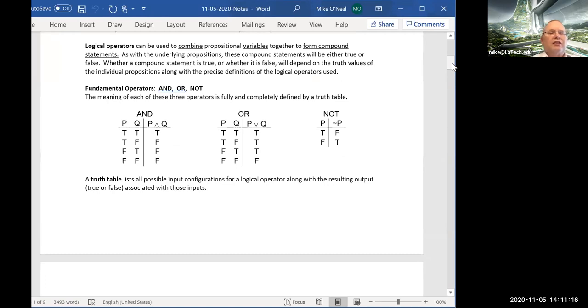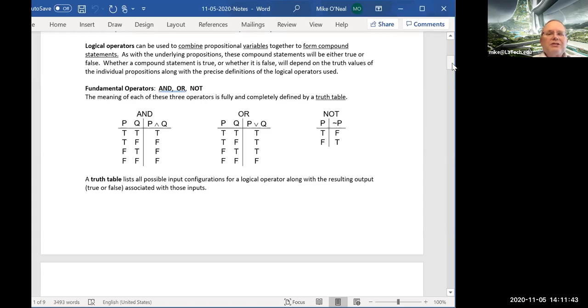Now, another thing that we have in addition to propositional variables is logical operators. Now, what's a logical operator? Well, as I have it defined here, a logical operator is an operator that can be used to combine propositional variables together to form compound statements, right?